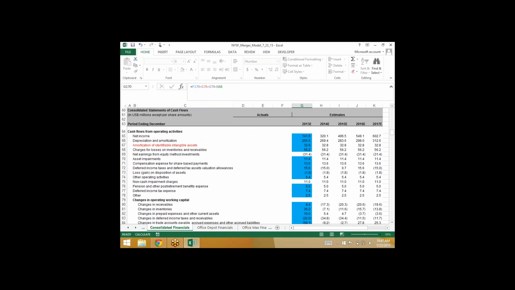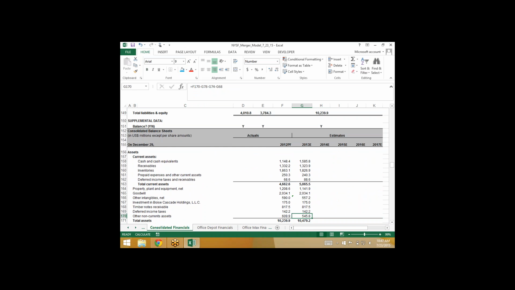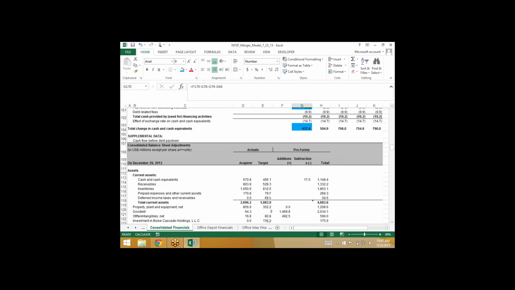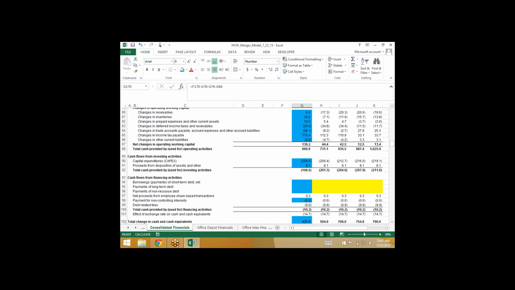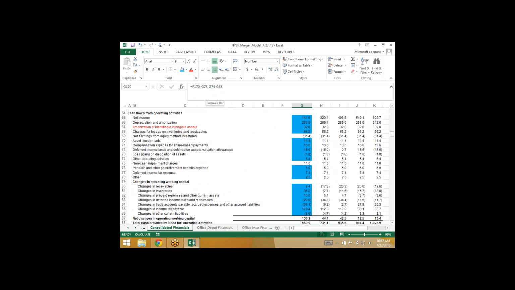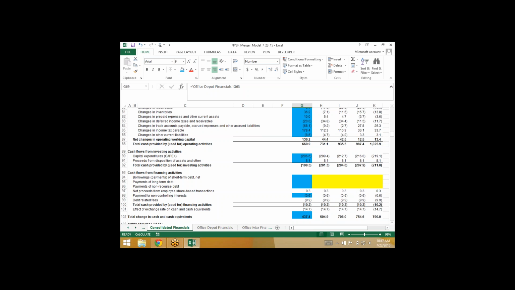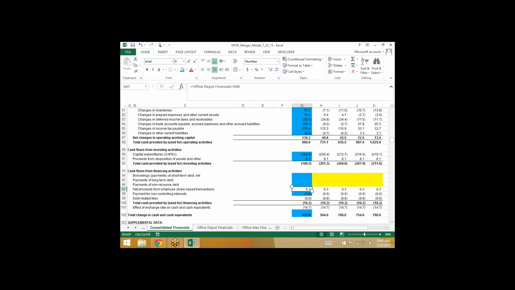That's clearly related to assets. We are now left with what? Impairments, equity method investments, share-based transaction stuff. This is all related to equity. Debt-related fees, fees related to debt, that's other comprehensive income. Effective exchange rate on cash equivalents, other comprehensive income. These 5 line items are other comprehensive income.